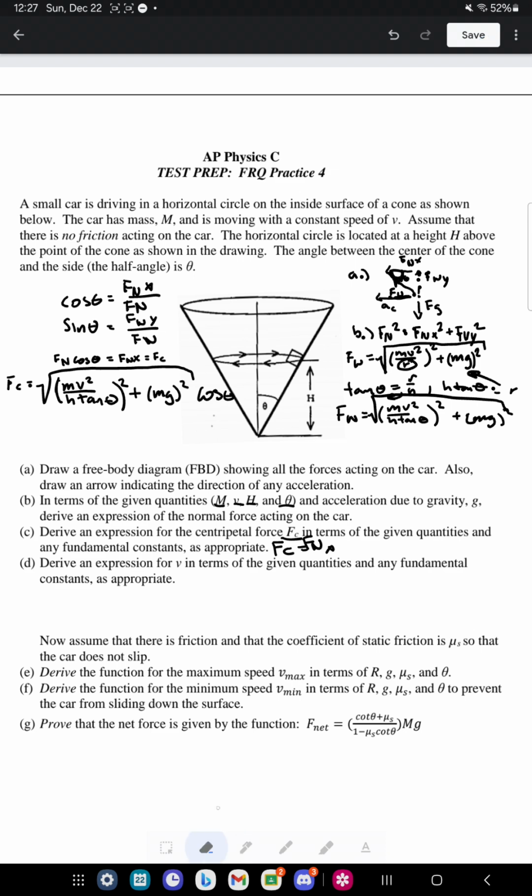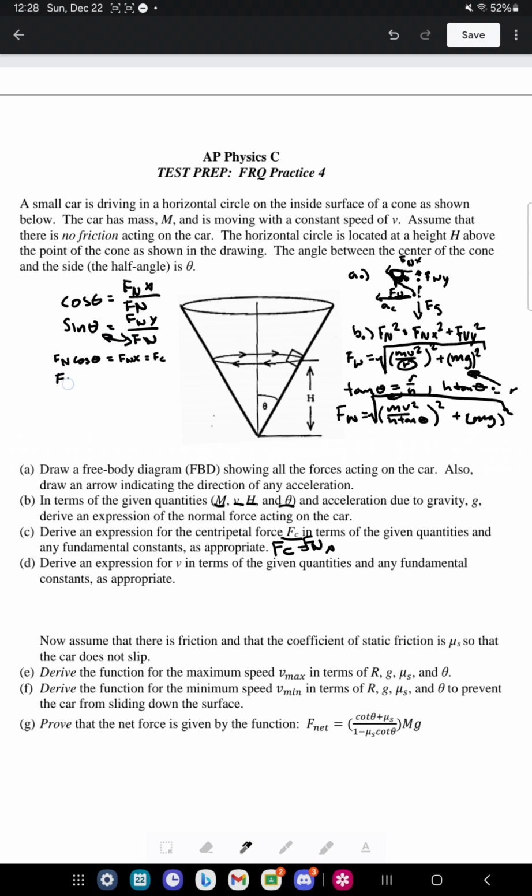Actually, now that I think about it, there's a more simplified solution for this. We can find F_n by multiplying and dividing those over.